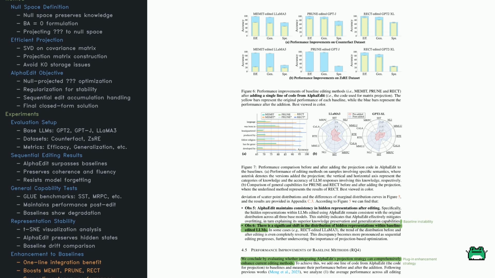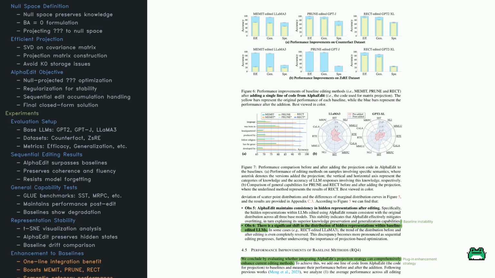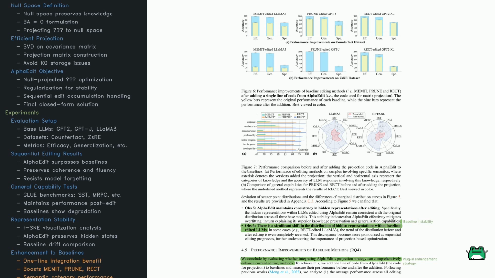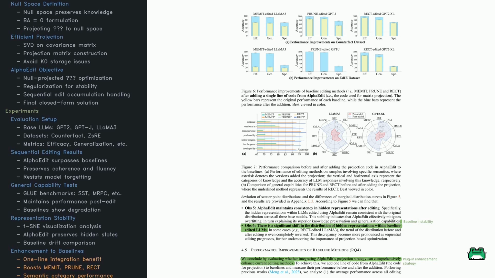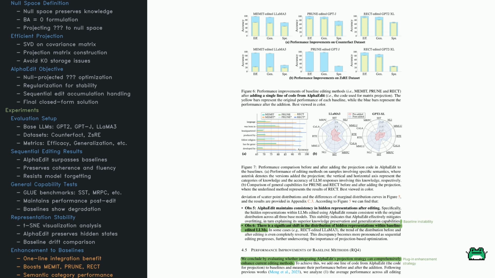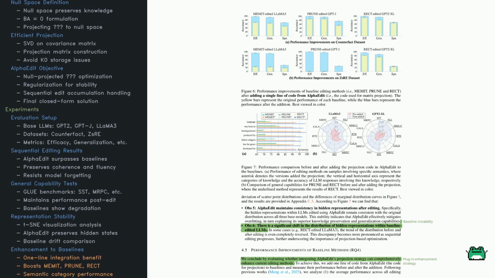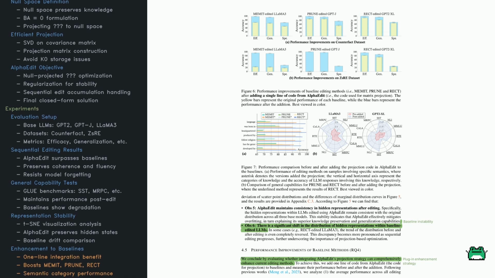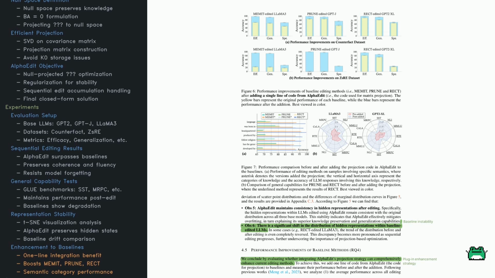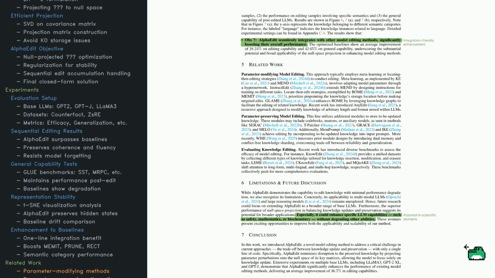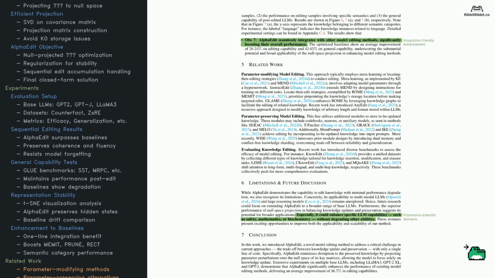The left panel shows accuracy gains across knowledge types, born in, produced by. The right panel shows improvements on general tasks like SST and COLA. Every dot shifts up. This is the power of AlphaEdit. It's plug and play. Drop it into any method, and performance improves. No overhaul needed.